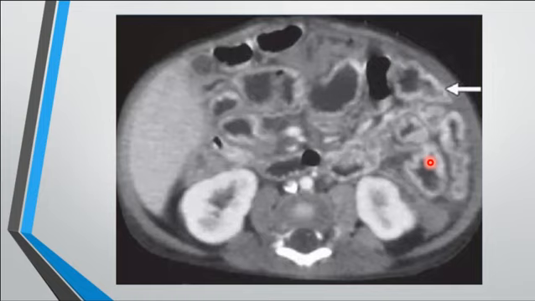A few weeks ago we had a case of multiple liver lesions with intense post-contrast enhancement, and otherwise the child was normal. It was a case of multiple hemangiomas of the liver. So multiple enhancing lesions do not always mean tumor or metastasis. It can be something called hemangiomatosis. Keep that in mind.